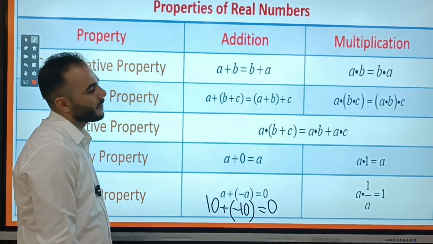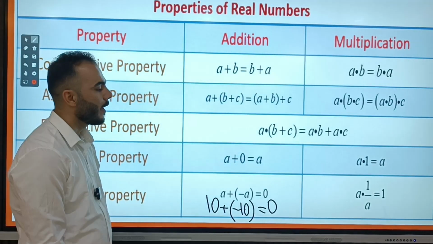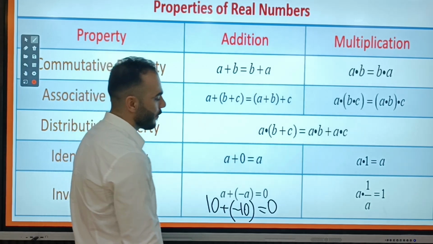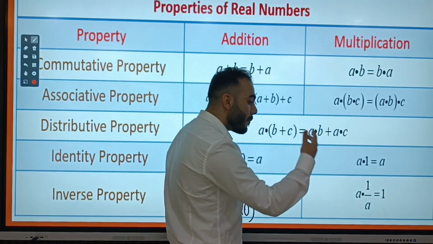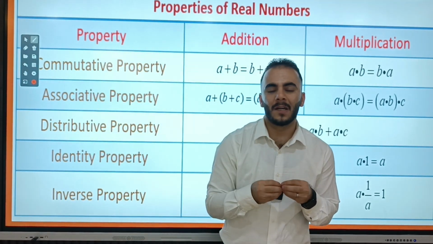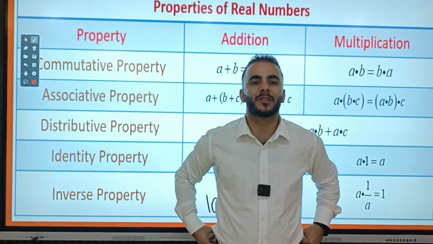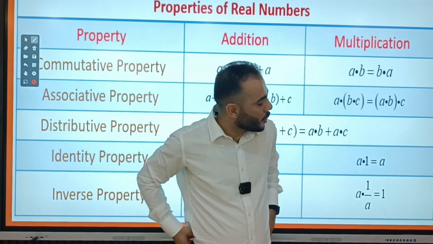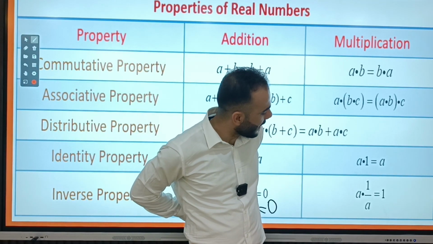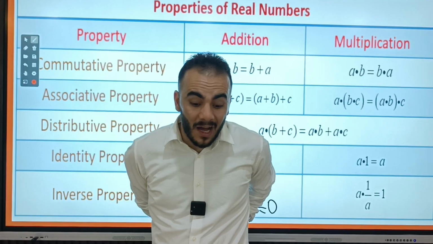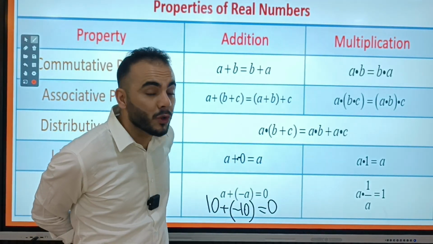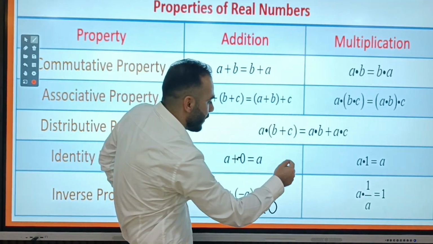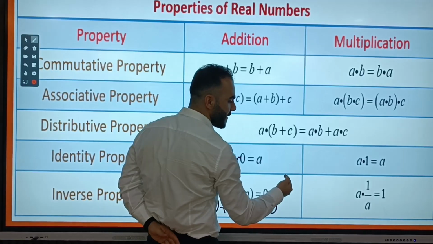And how about the inverse property for multiplication? Since we know that the inverse operation for multiplication is division, we conclude that a number times its inverse always equals 1. For example, let's take one numerical example.